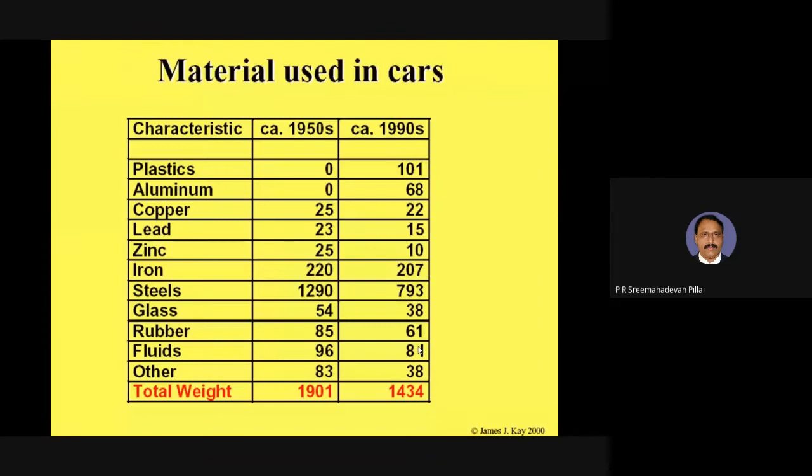I'm taking a case of cars, to show how an industrial system is going to affect us. Car is a product known to all of you. And how the car is manufactured, I've not got the latest, that would have slight change. Let us take a car. This is only a standard which is taken. In 1950s, the car used to be heavy.